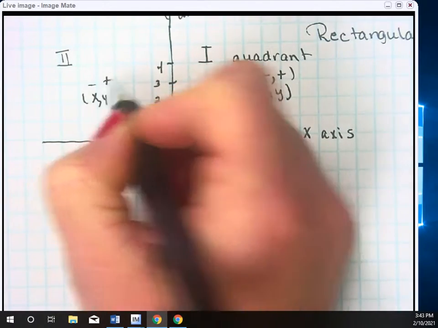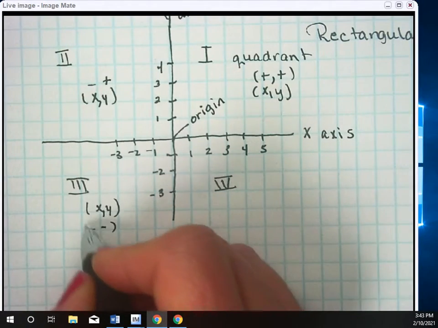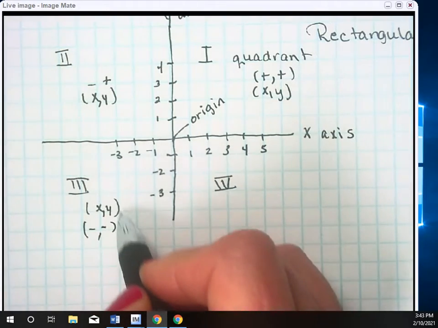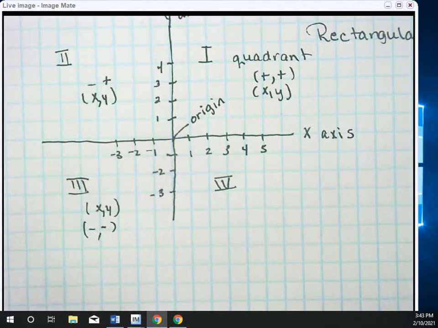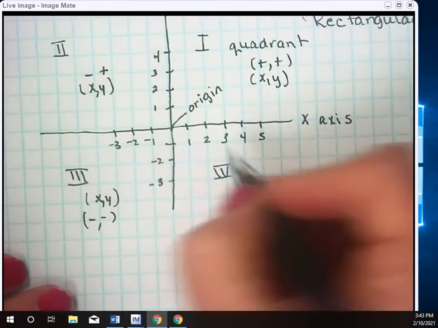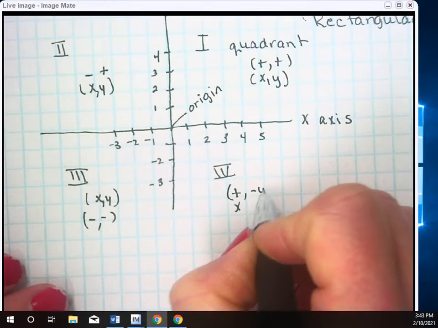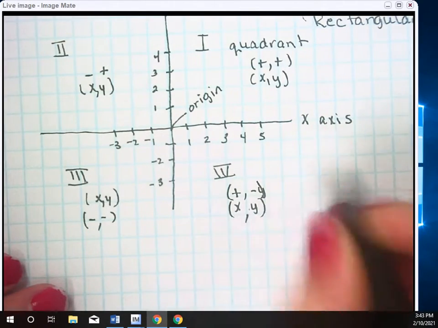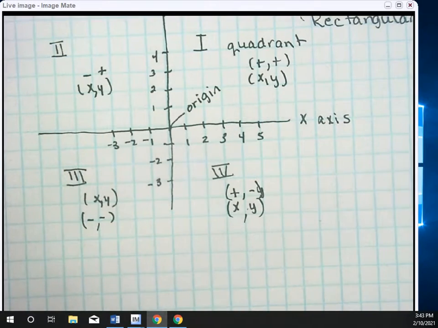The y values are positive. Both the x and the y values are negative in the third quadrant. And the fourth quadrant, we have the x values being positive and the y values being negative. And together, that is the rectangular coordinate system.